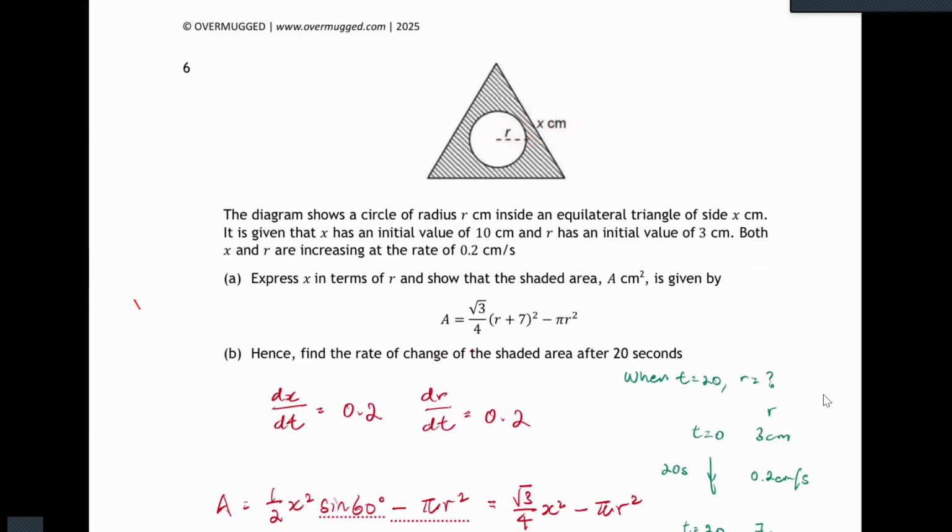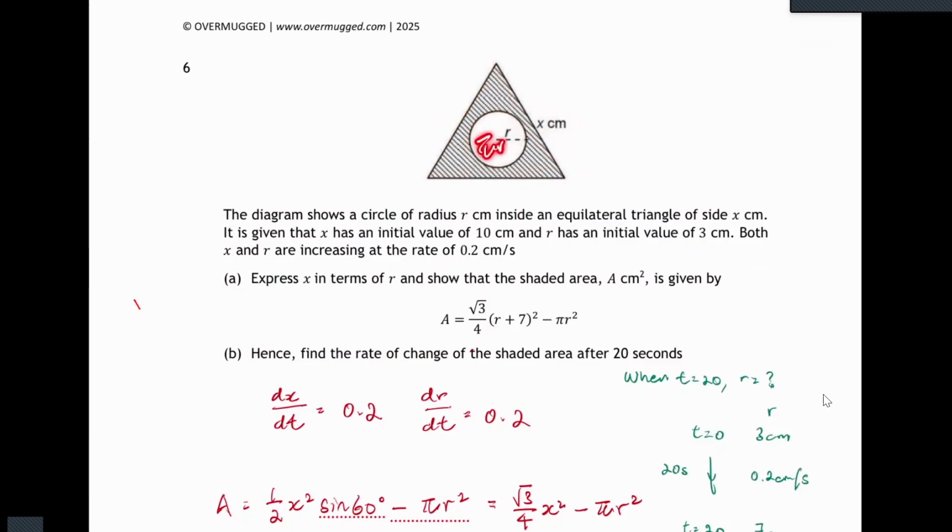So it contributes to a larger area of the circle faster compared to the area of the triangle. So even though x and r are increasing at the same rate, the area of the triangle increases slower than the area of the circle, just because of the formula.